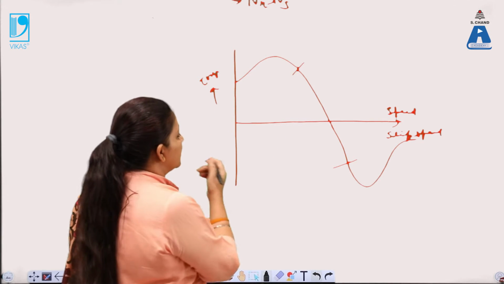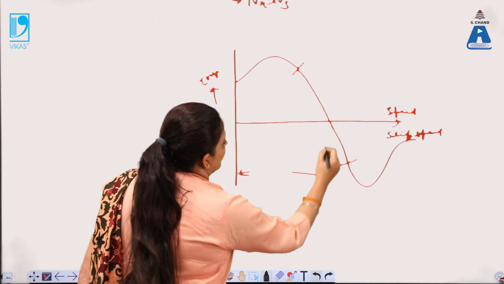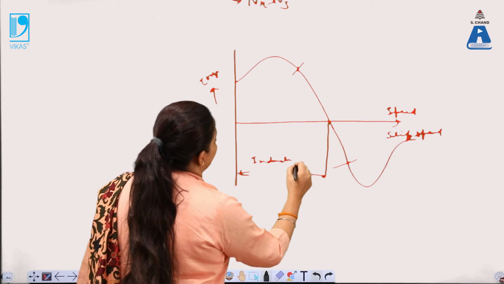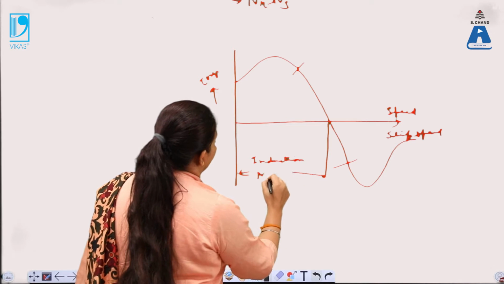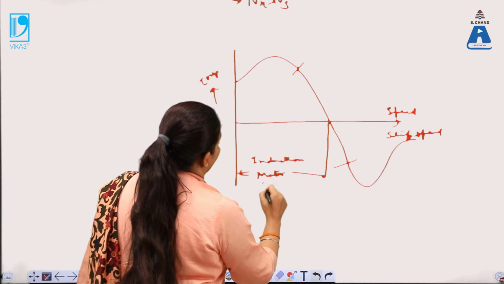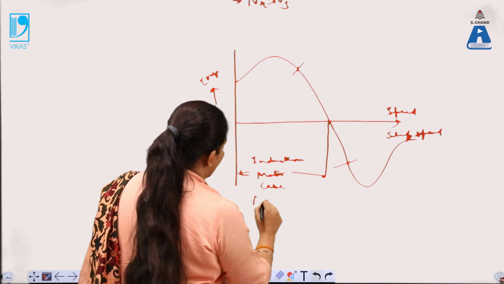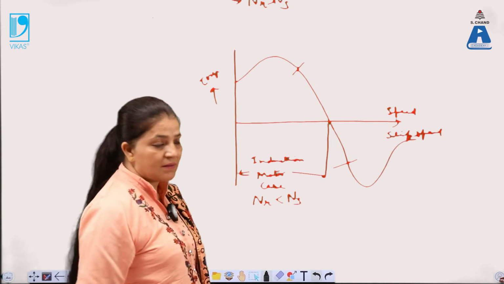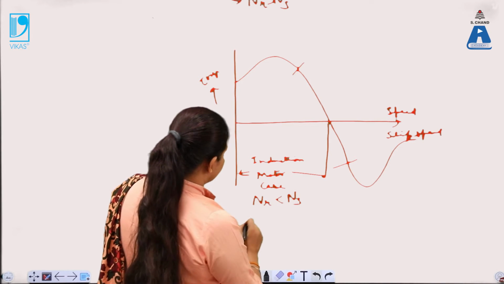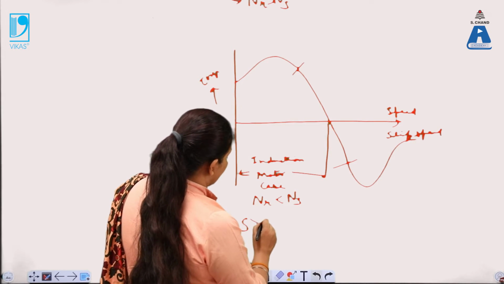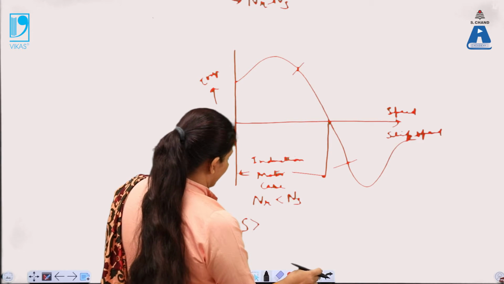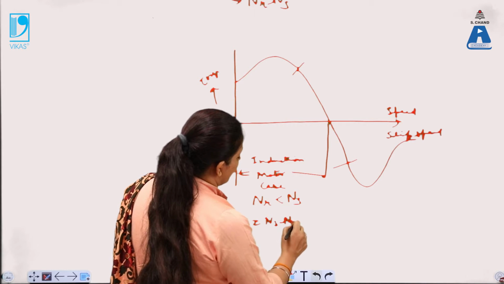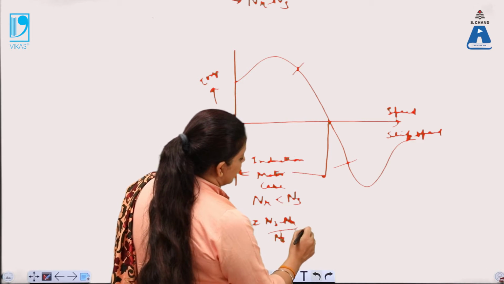now in the first case, this is called the induction motor case, where NR is less than NS. In this case, what is the value of slip over here? Here the slip is equal to NS minus NR divided by NS, so it will be positive.